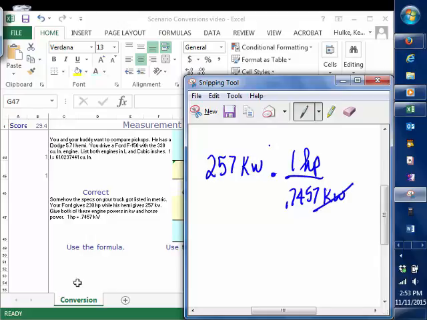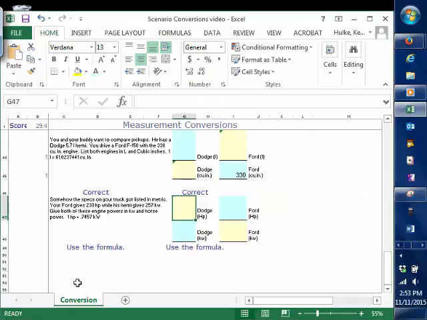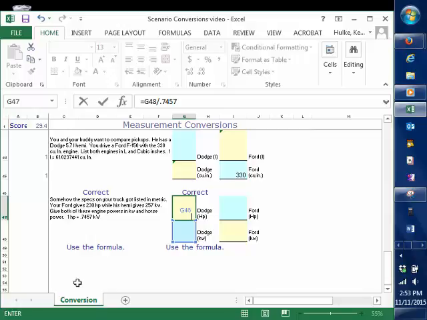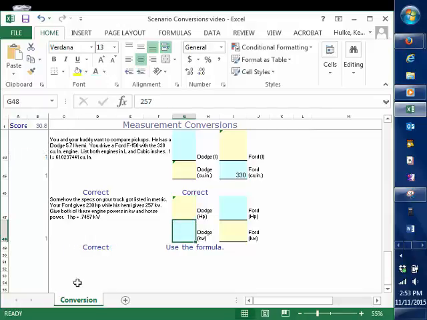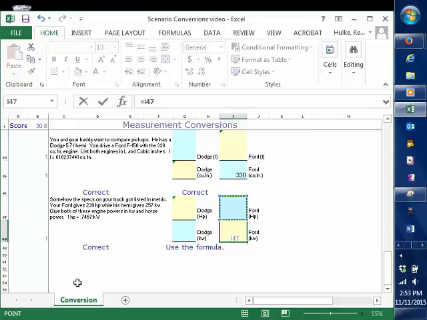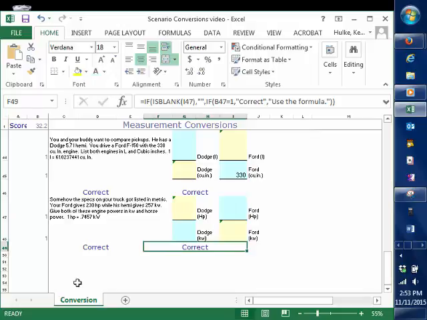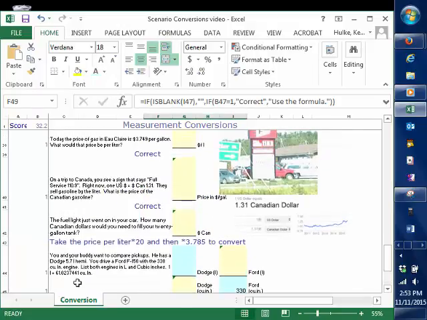Notice we have this so that we can cancel the kilowatts. So it's going to be 257 divided by 0.7457. On the other side, since the 230 is in horsepower, we're going to take the horsepower, 230, times 0.7457 kilowatts. And if you notice, we then have all the points.